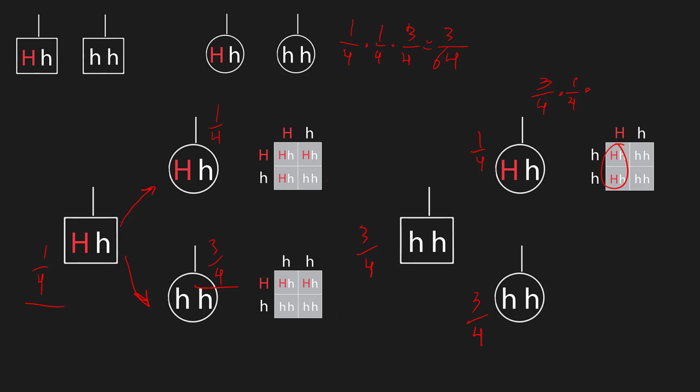Which gives us, again, 2/4 equals 6 out of 64. And from here below, we have 0.